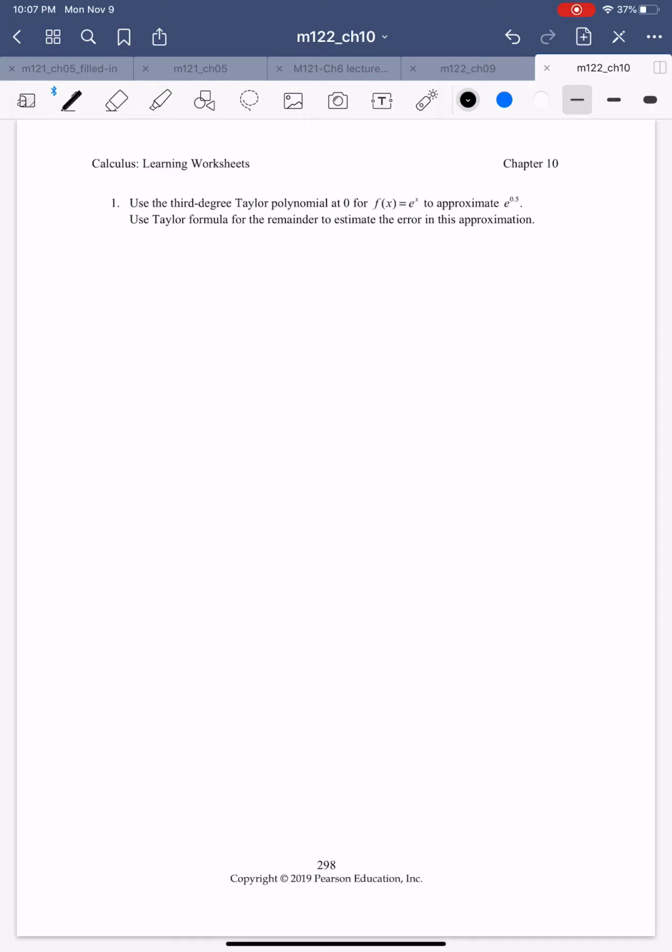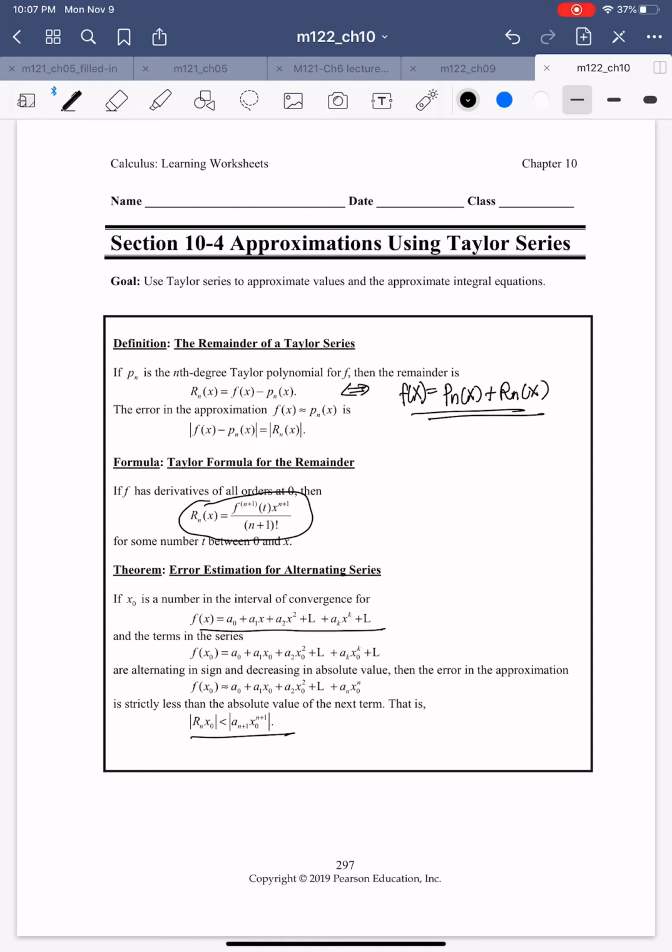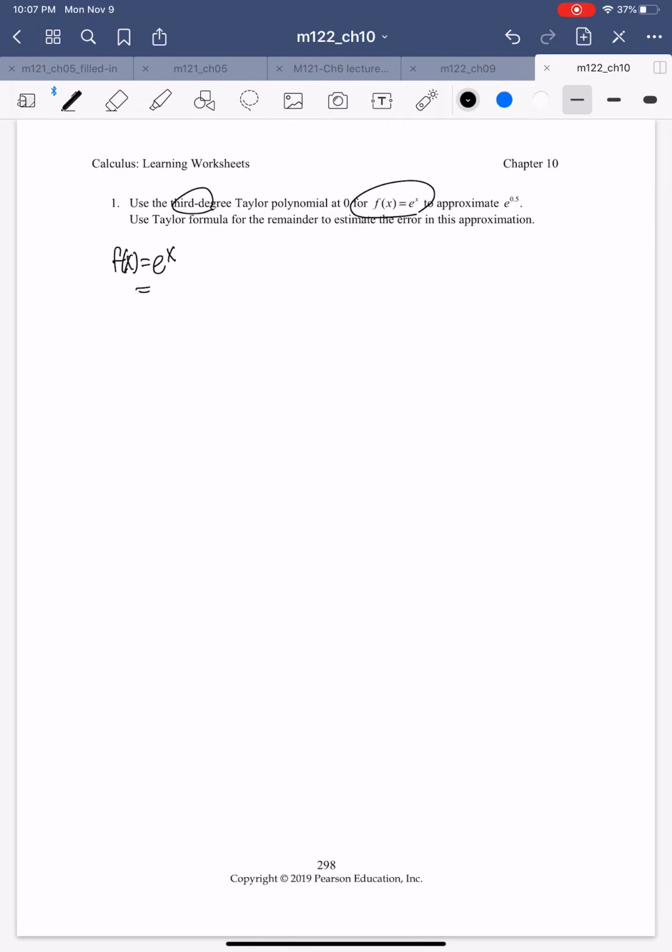So f of x is e to the x, but this can be interpreted as p of x, the Taylor polynomial, plus the remainder term, and this is degree 3. So you can rewrite that as a Taylor polynomial of third degree plus some remainder term.